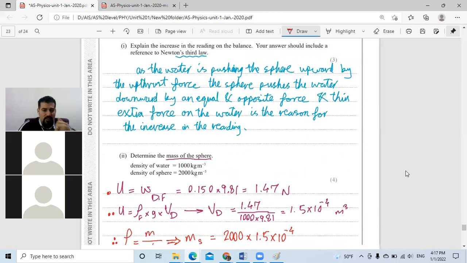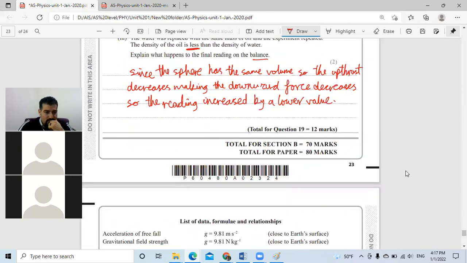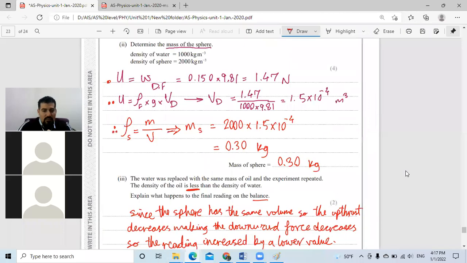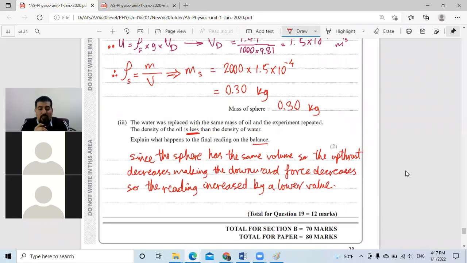We don't know. The weight of displaced fluid, now it's oil, is decreased.